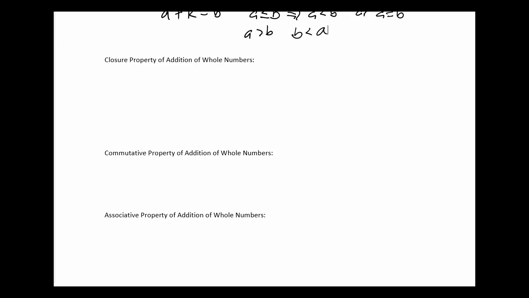So the closure property is that if A and B are elements of the whole numbers, then A plus B is also an element of the whole numbers. I don't have to necessarily worry what that is. I just know that if I take any two elements in a set and add them together, I'm guaranteed to have another element in that set.